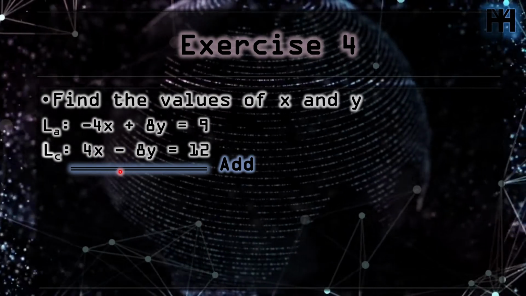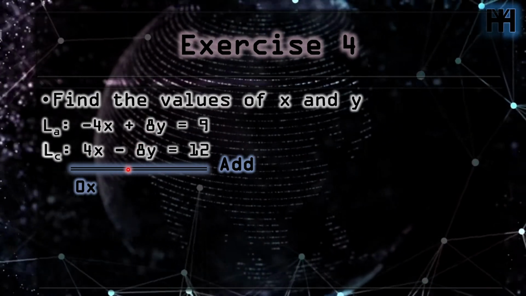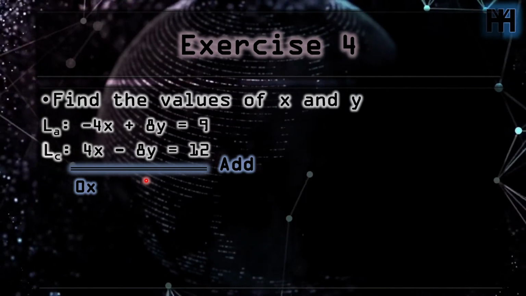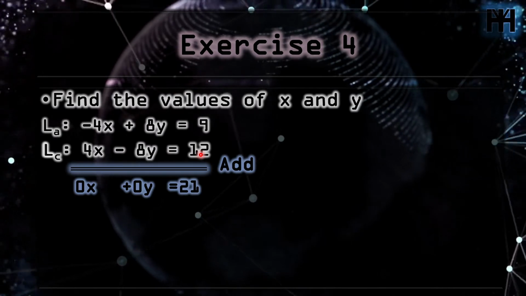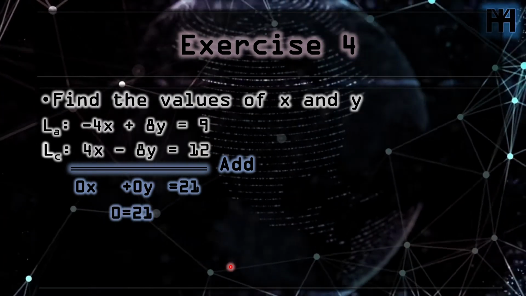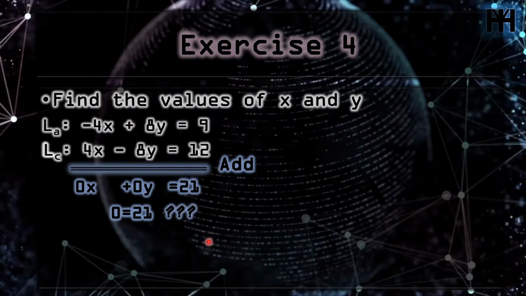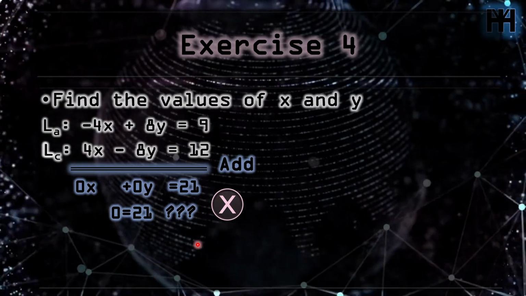So negative 4x and 4x will be 0x, positive 8y and negative 8y will be 0y, and 9 plus 12 is 21. So it's 0 equals 21. It can't be possible. So what is that? It can't be right.